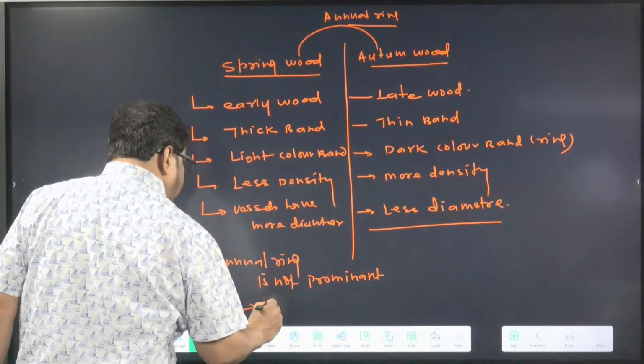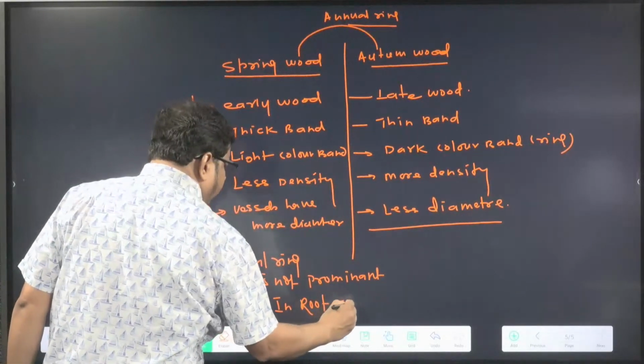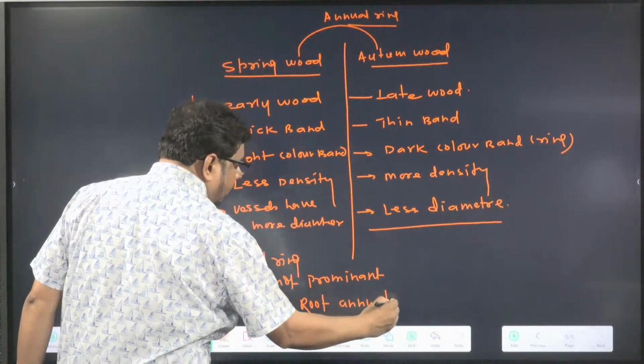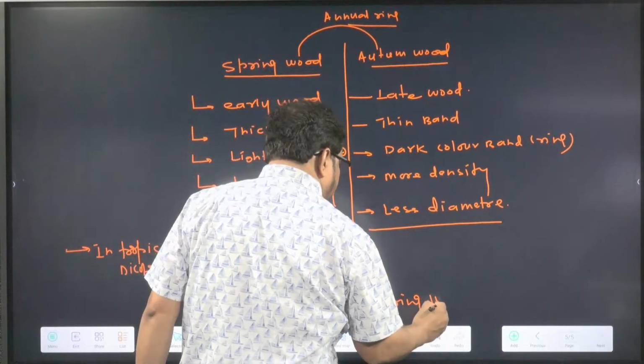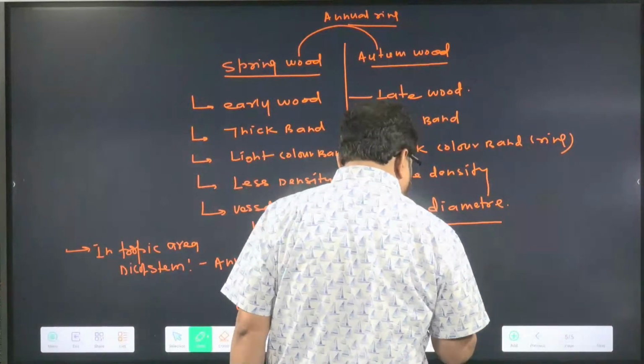Even in root, annual ring is not prominent, because root grows in soil and in soil seasonal activity does not occur.